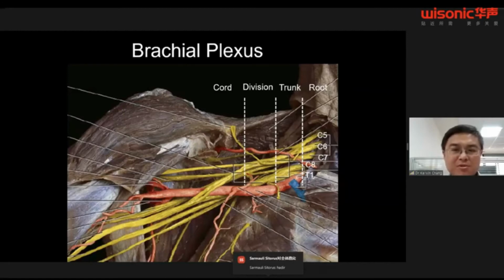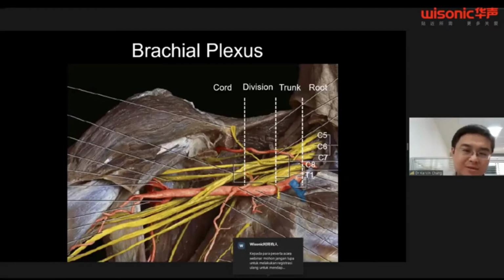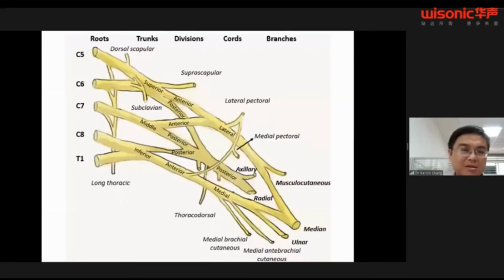And if you want to target, for example, the stellate ganglion, it is located anterior to the longus colli muscle. So there is an artery very close to it, the inferior thyroid artery.